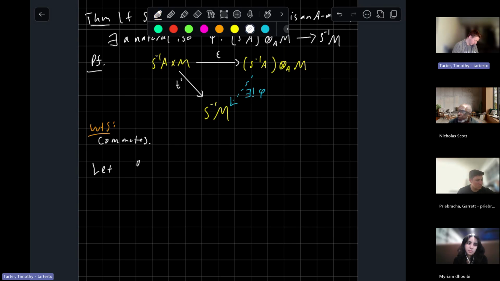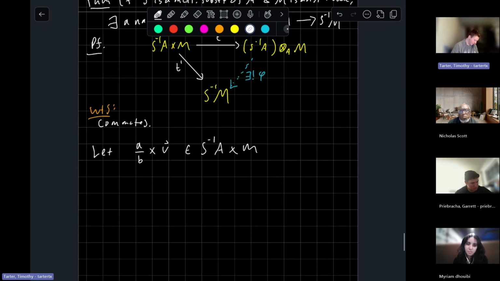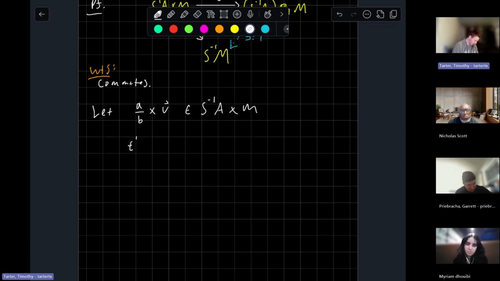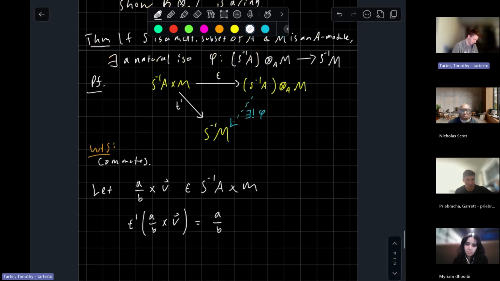So let A over B cross some vector V in S, this thing. And then we want to say that T prime of A over B Cartesian product V just gets sent to A over B, just because this is an inclusion map.